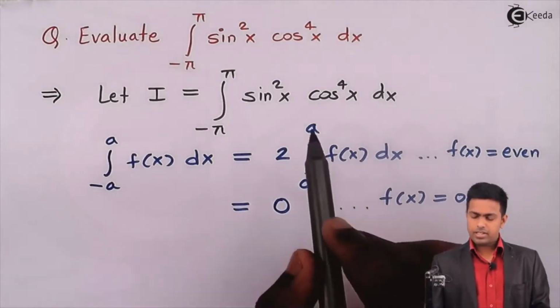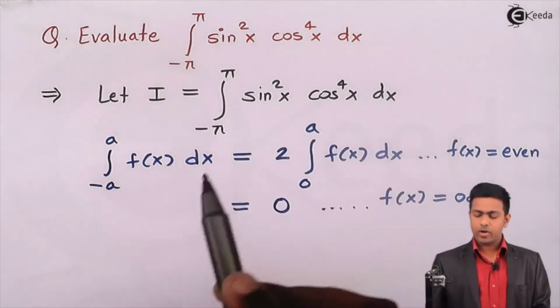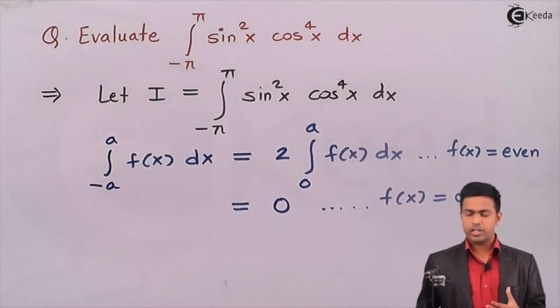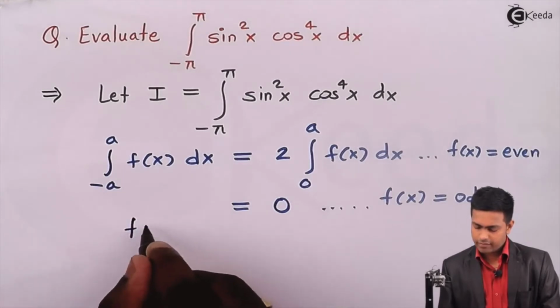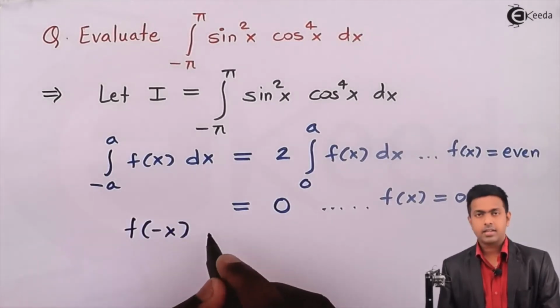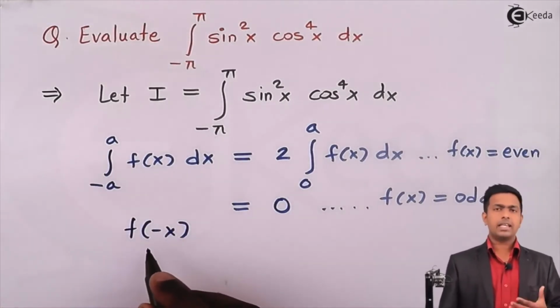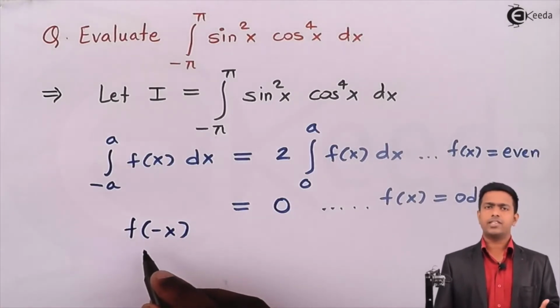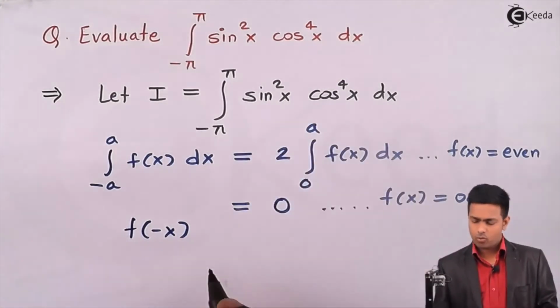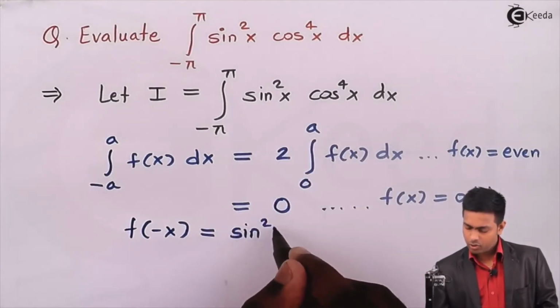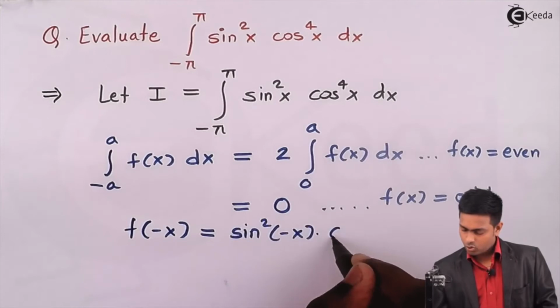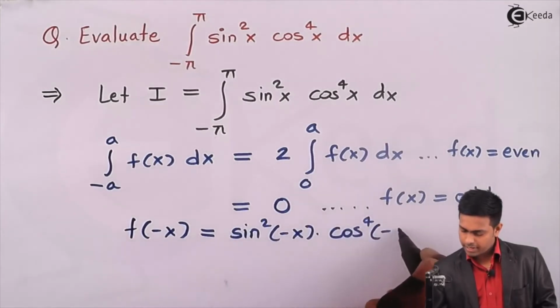Now f of x is sine square x cos raised to 4x. How do we check whether it is even or odd? For even we generally check the result for f of minus x, and if the value of f of minus x is equal to f of x, then we say it is an even function. So let's check. f of minus x would be sine square of minus x into cos raised to 4 minus x.